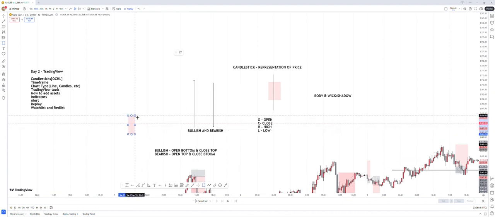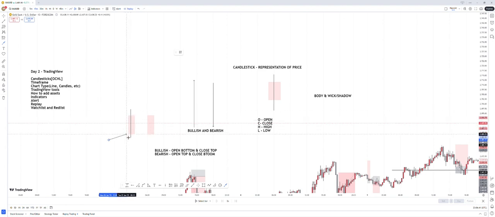What this statement basically means is that you have a bullish candlestick opening at the bottom like this and closing at the top, and then you have a bearish candlestick opening at the top like this and closing at the bottom. When you have the wick in between, the bottom of the wick represents the lowest point the candlestick got to, and the highest point represents the highest point the candlestick got to.